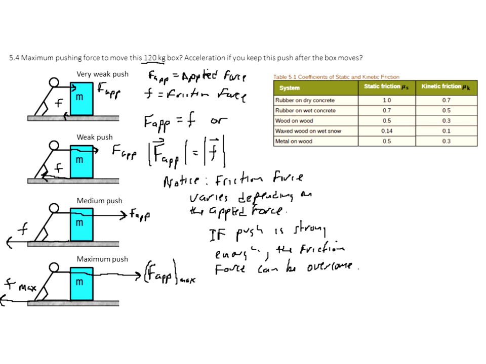And because this is not moving, so notice that this is stationary, this is stationary, this is stationary. This is stationary just until the force is overcome. So what we've got here is what's called the static friction force.